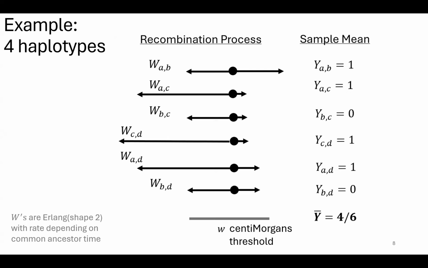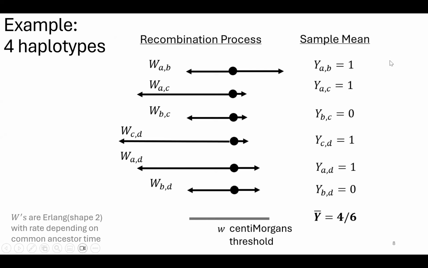And then centimorgans is analogous to centimeters and meters. So our W's are the identity by descent segment lengths that are shared between, say, labeled haplotypes AB, AC, BC, CD, and so there's 4 choose 2, 6. These are long with shape 2.